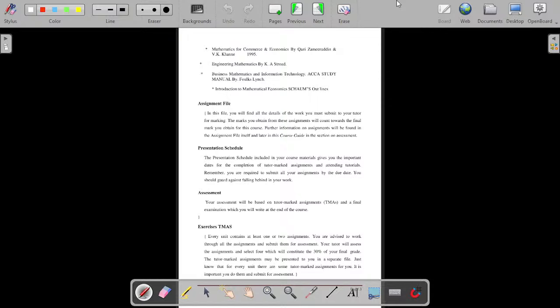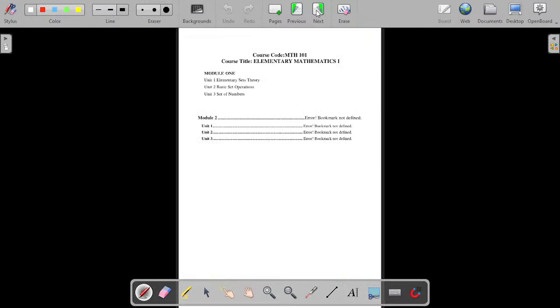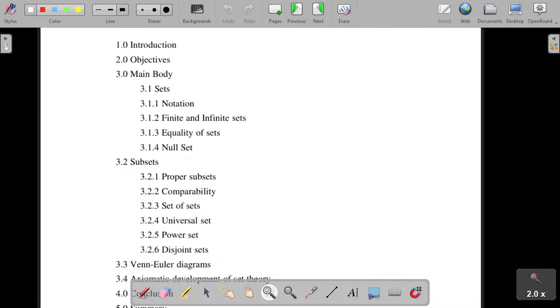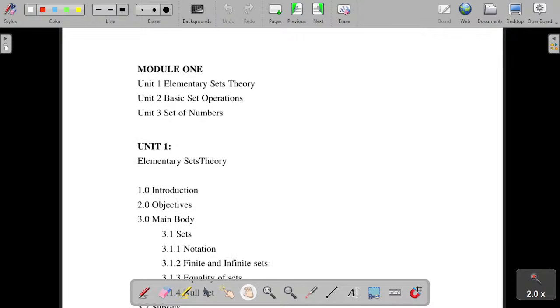So I want to go through the course content before we commence. If you look at module 1, we have unit 1, which is elementary set theory, basic set operations, and sets of numbers.